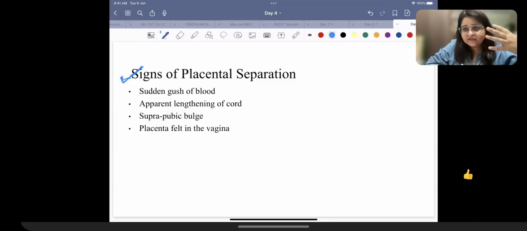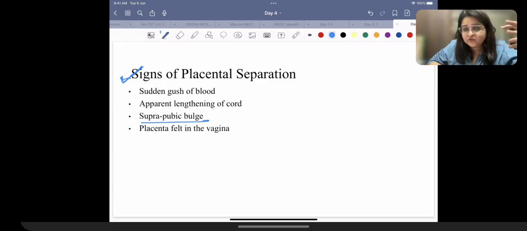Number one, there will be a gush of blood. Because एक बार placenta separate हो जाए ना, that retroplacental जो थोड़ा बहुत blood होता है, that comes out. Then your cord is here, cord नीचे जाएगा because the placenta is coming down in the vagina from the uterus, so the cord will appear to lengthen. Then the uterus is contracting now. In a thin patient, you will see nicely the uterus contracting.